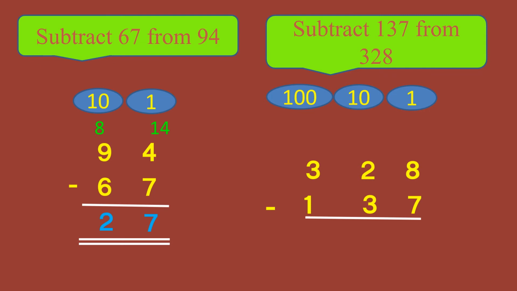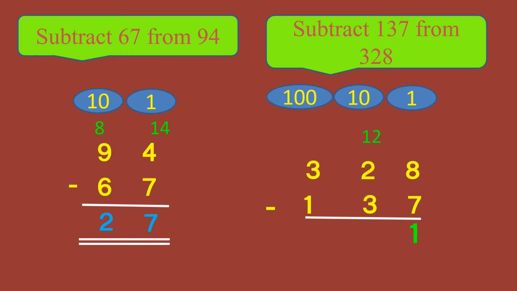8 minus 7. Yes, we can subtract 7 from 8. Then the answer is 1. Then we'll move on to tens place. 2 minus 3. You can't subtract 3 from 2. Therefore, once again, we have to get a loan from hundreds place. Isn't that so? So, hundreds place gives 1 to tens place. 1 from hundreds place becomes 10 in tens place.